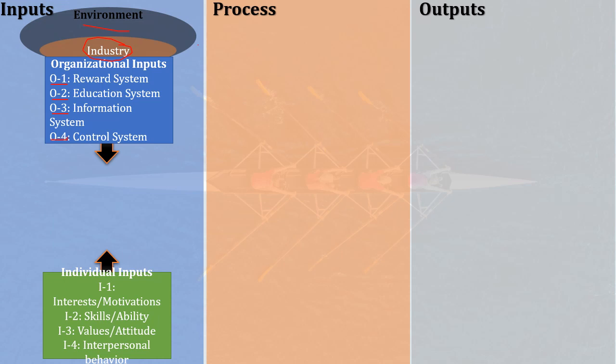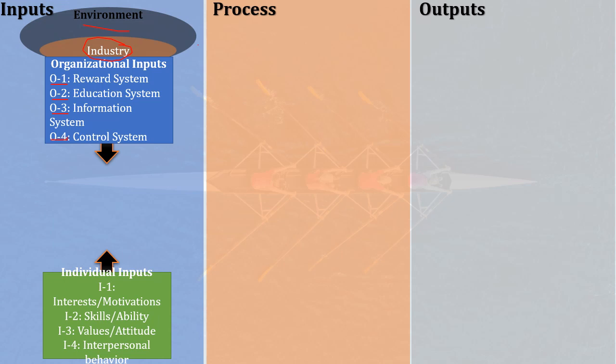Now these inputs are basically related to the team members who are in a particular team working towards achieving an objective. So individual inputs can be the interest or motivation of that particular team member to work for this particular task or to achieve this objective.